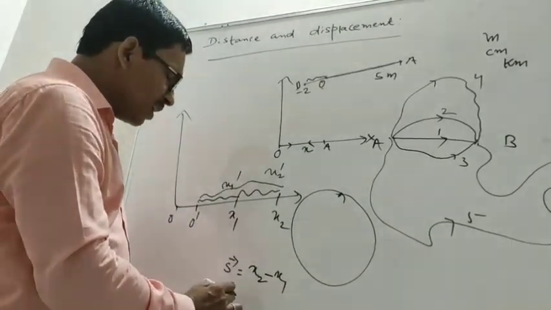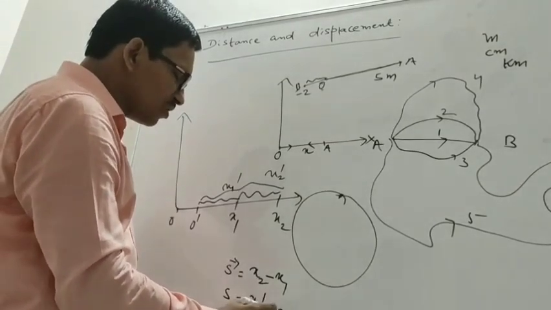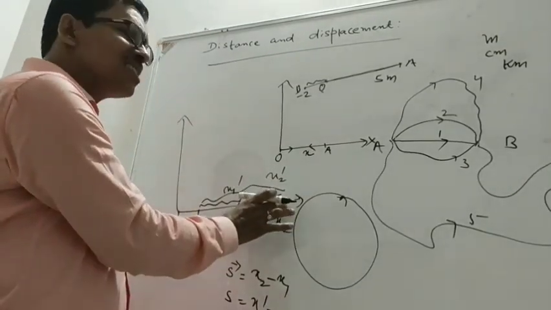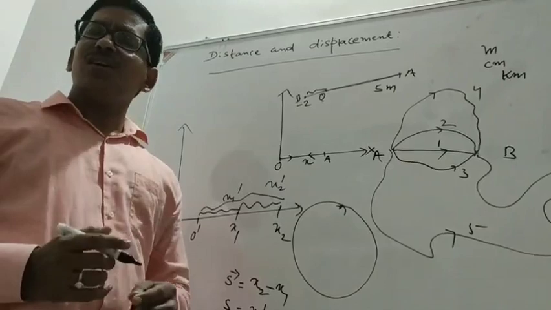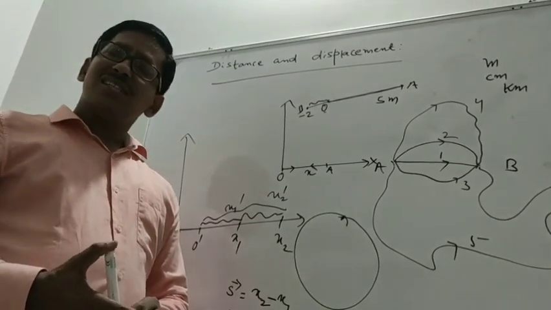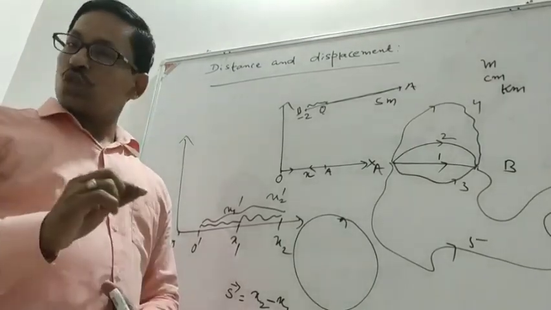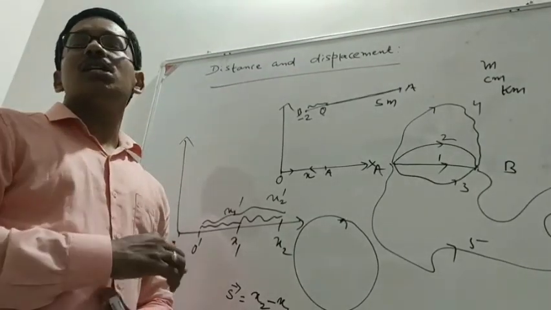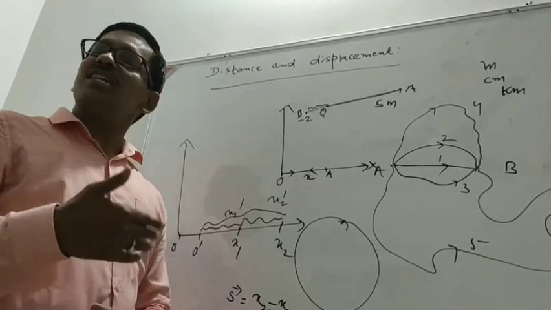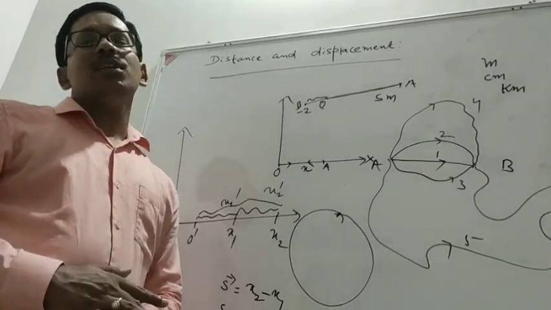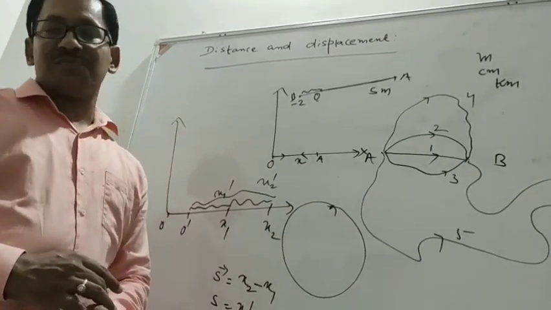You see this difference remains the same because it is the shortest distance between initial and final position. So it does not depend upon the origin. If you change the origin, displacement will remain unchanged.